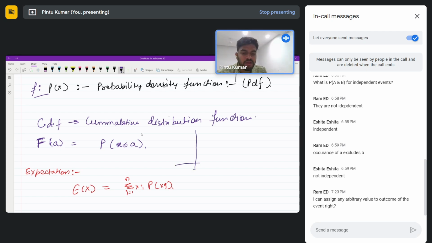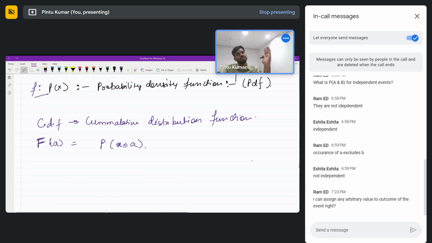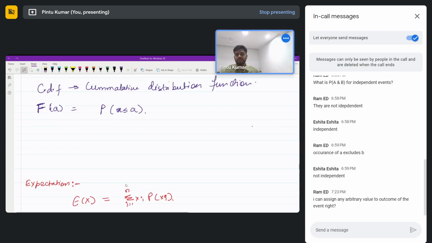I'll give you an example. For this cumulative distribution function, this means the probability that your random variable is less than or equal to A. Let's take the coin example for simplicity. Based on the number of heads we obtain, we had a random variable taking values 0, 1 and 2. The probabilities were 1 by 4, 1 by 2 and 1 by 4.